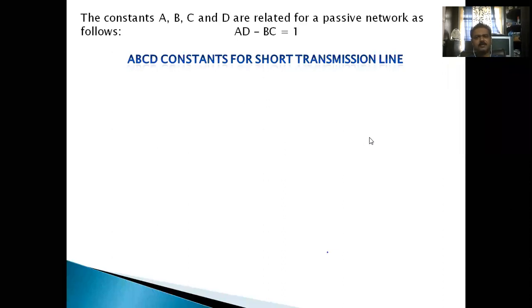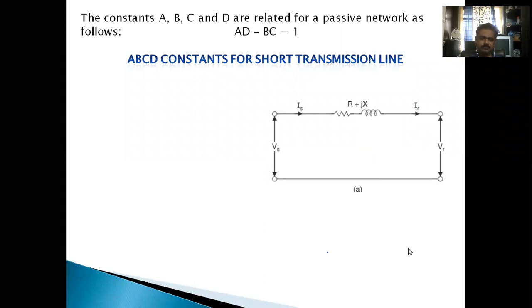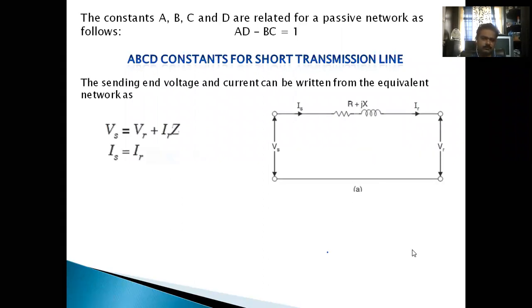Now the ABCD parameters for a short transmission line. The sending end voltage and the receiving end current can be represented from the network. If we write the equations, sending end voltage Vs is equal to receiving end voltage VR plus IR into Z. What is Z?